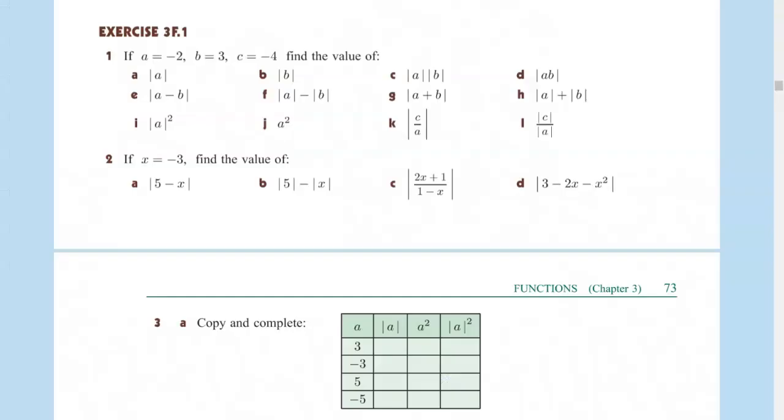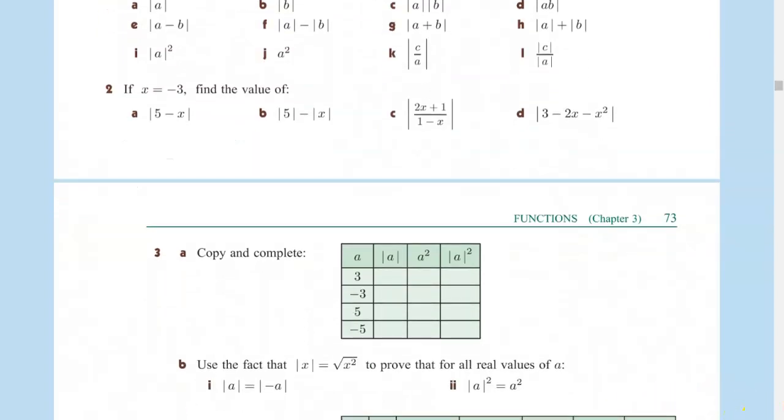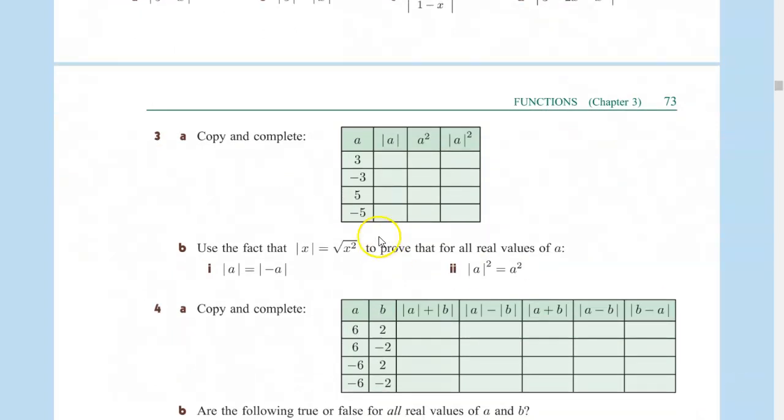Awesome. So I don't think we need to do question 1. Would we agree? It's all just substituting in, same as 2. Question 3, they're just trying to make sure that you get the gist of when we square a positive and when we square a negative we get a positive answer.